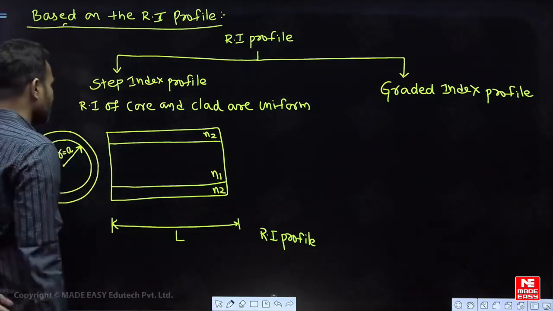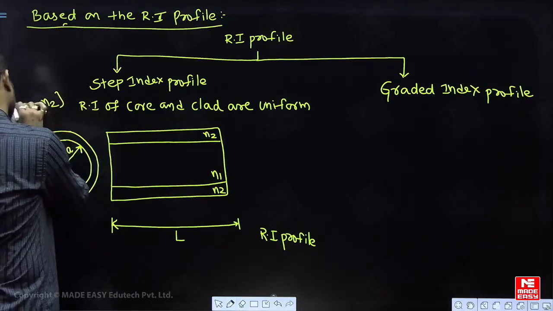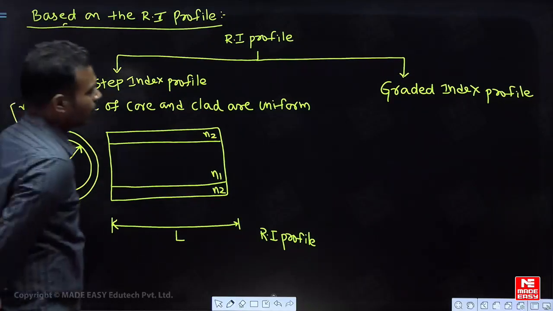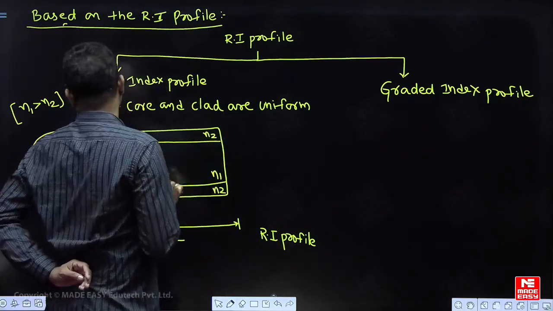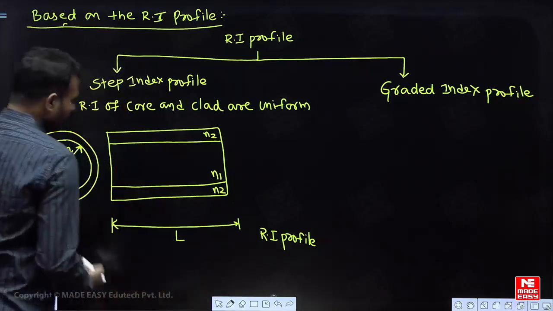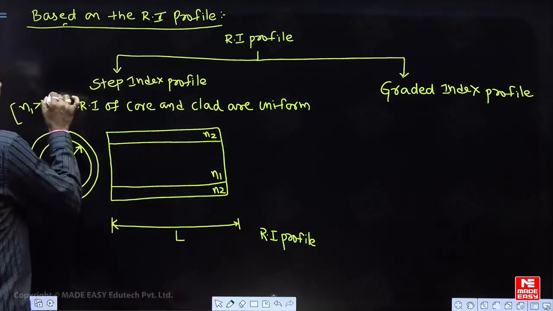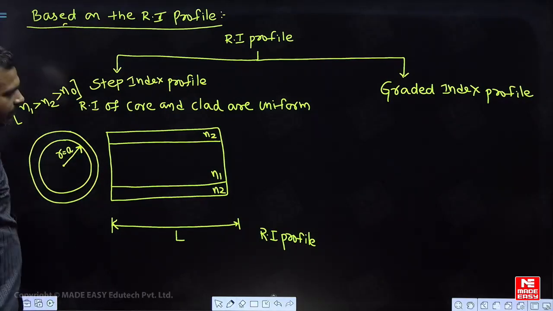What we studied in the classroom in our previous topics is that N1 refractive index is always greater than N2. N1 is greater than N2, and N2 is definitely greater than N0.